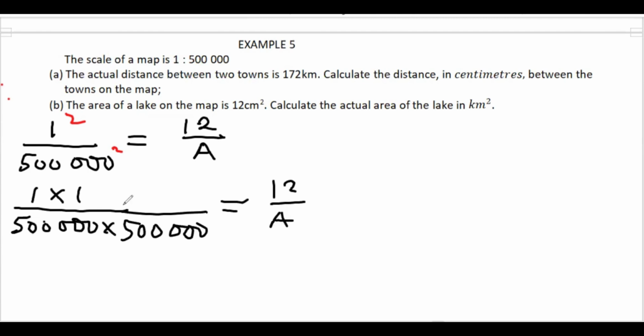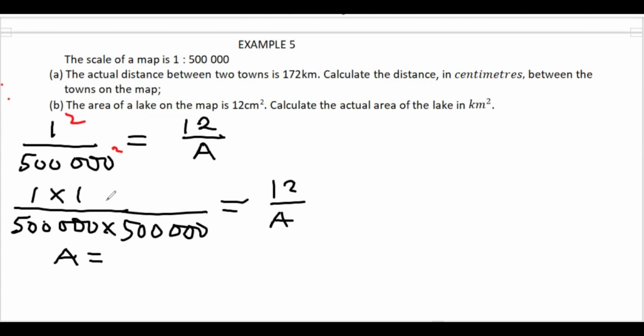A multiplies 1, that is A, equals 500,000 times 500,000.